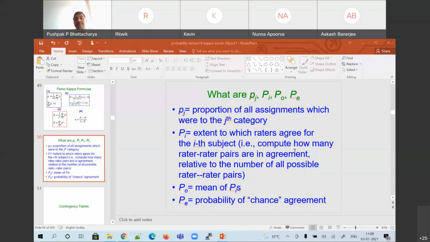So I think we'll end the lecture, but before we end, I'd like to say that for this semester, this is the last probability lecture. We'll resume these probability lectures from August again, when the semester begins. I'll notify everybody when we restart. We have finished 19 lectures.